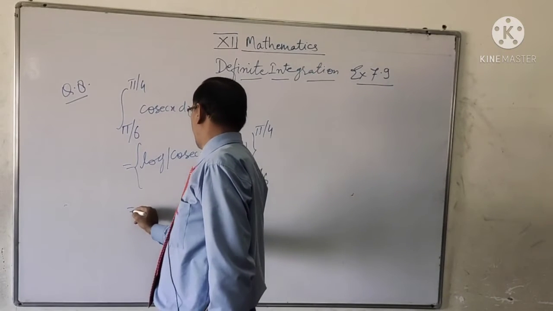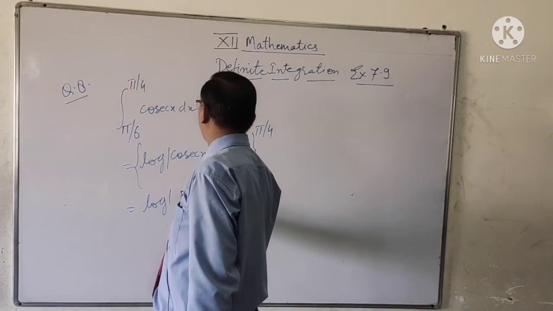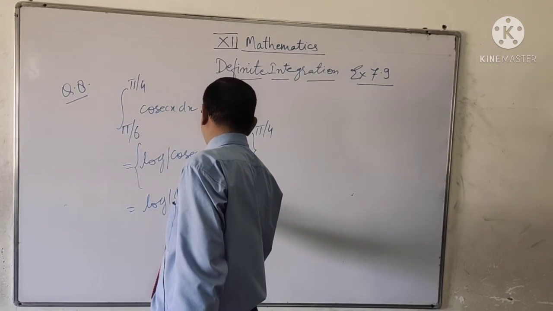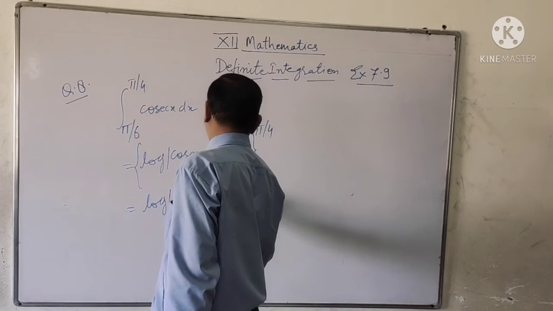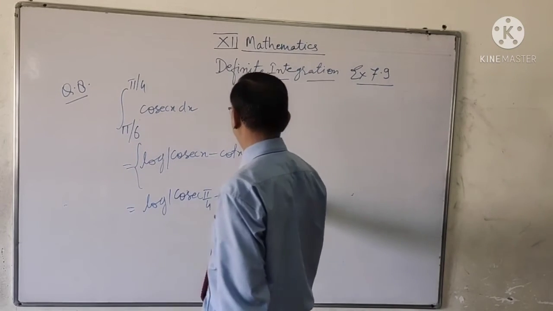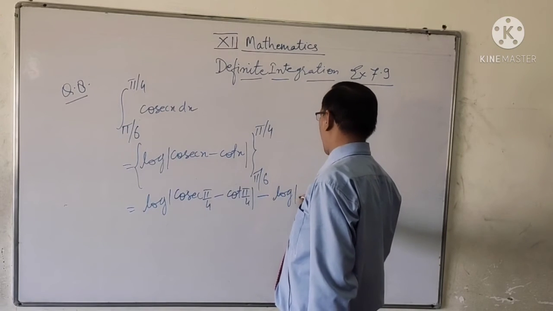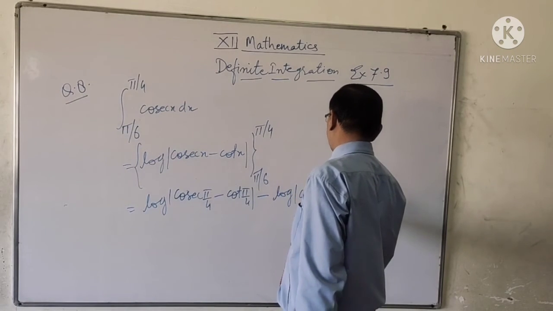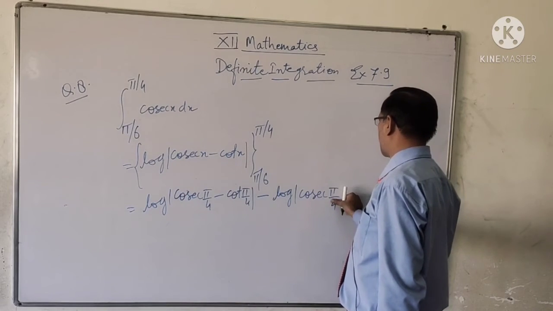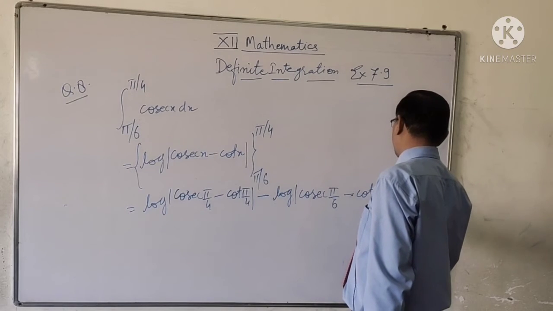Then it is log mod cosec pi by 4 minus cot pi by 4, minus log mod cosec pi by 6 minus cot pi by 6.